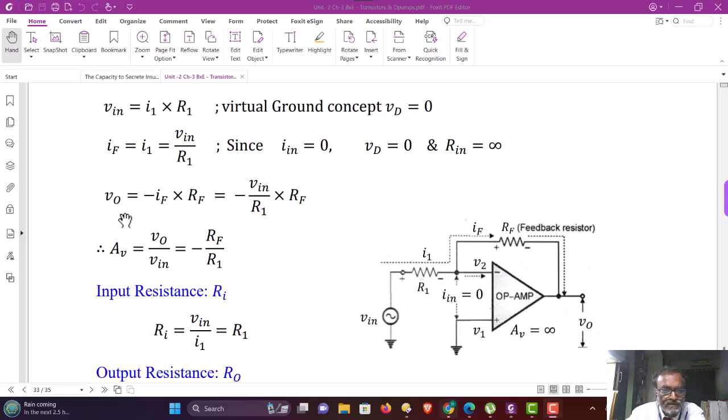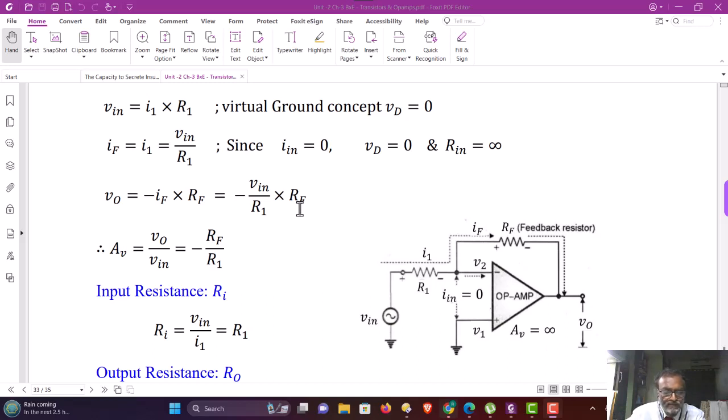And therefore VO is equal to minus Vin by R1 into RF. Taking Vin on the left hand side, the voltage gain AV is equal to the ratio of VO by Vin, and that is equal to minus RF by R1.